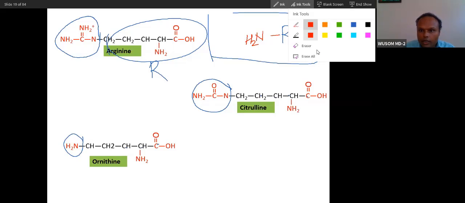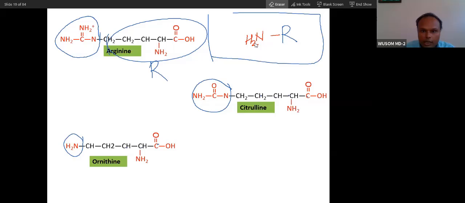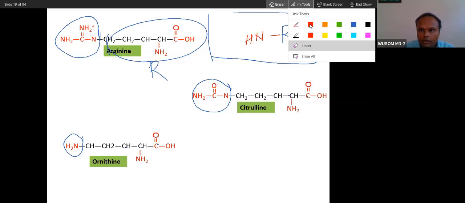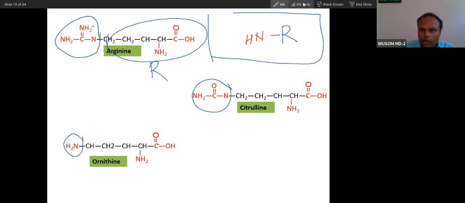Now on this NH2 group, if I add one C and NH2 group, this becomes citrulline. I'm adding this to this, and this becomes citrulline.